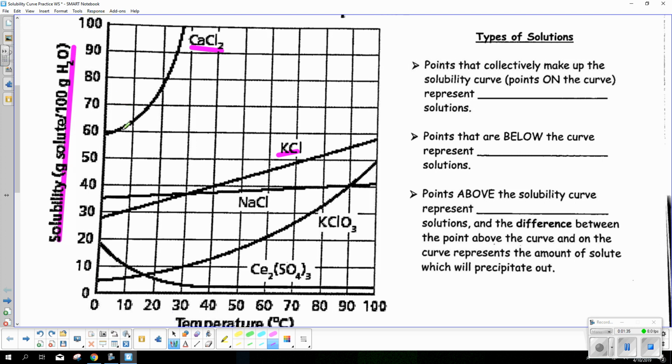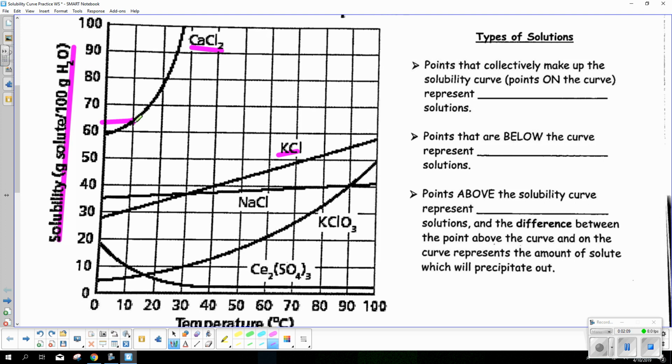So what do these lines represent? First off, these lines represent the maximum amount of material that will dissolve at that particular temperature. For example, at 10 degrees Celsius, for the maximum amount of calcium chloride that will dissolve, you go up, hit the line, and then go over to the left, and you can estimate that approximately 63 grams will dissolve in 100 grams of water.